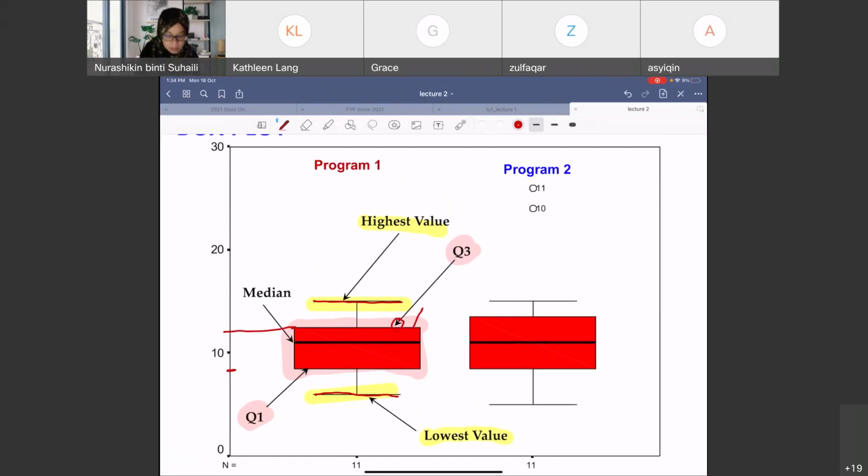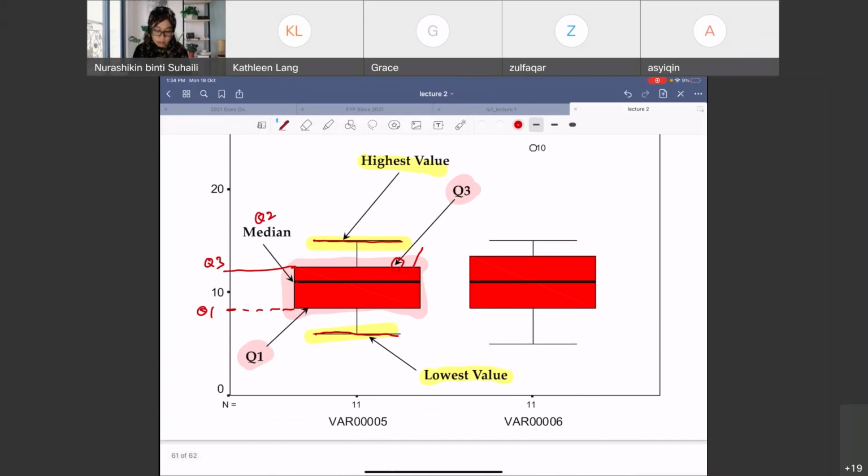This is the Q1 value. This is Q3, and in the middle of the box you construct a line, and this is the median. Median is the Q2. So the percentile just now has some relation with this box plot. You have to know the information of the quartile in order to construct the box plot.